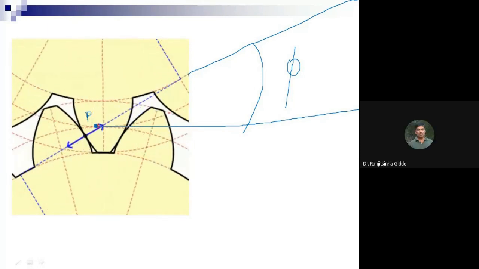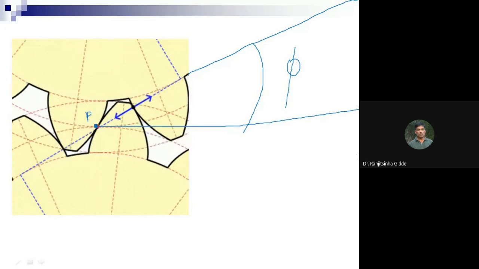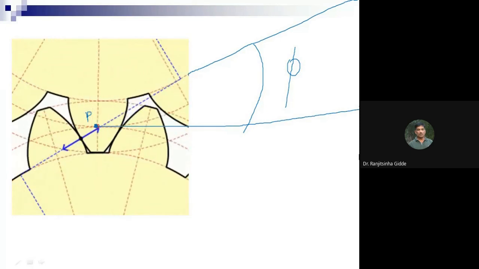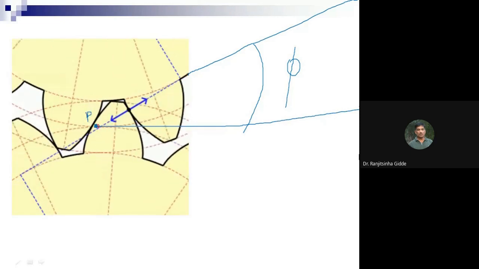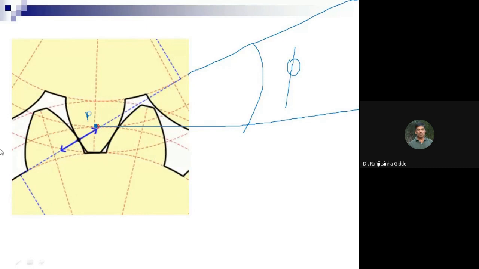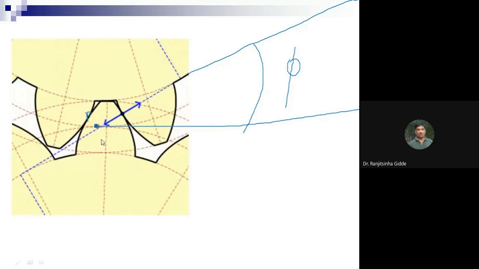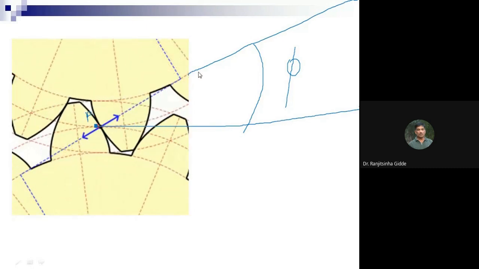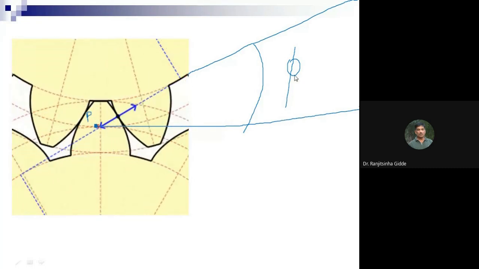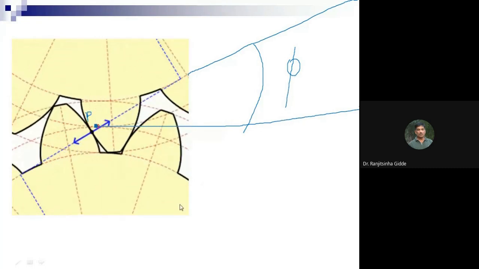So in case of gears having involute tooth profile, pressure angle is not going to change. Here we can see, we draw a line from here, and the line of action does not change. So whatever the pressure angle, it remains constant.